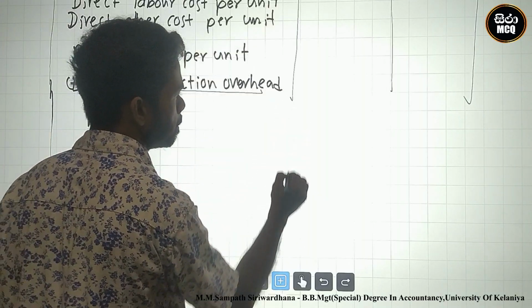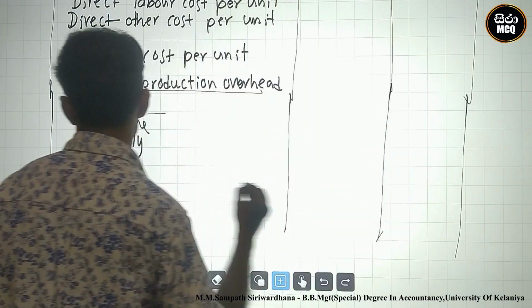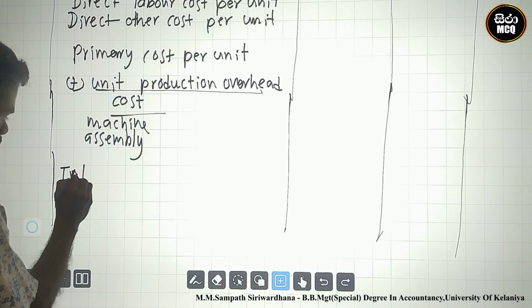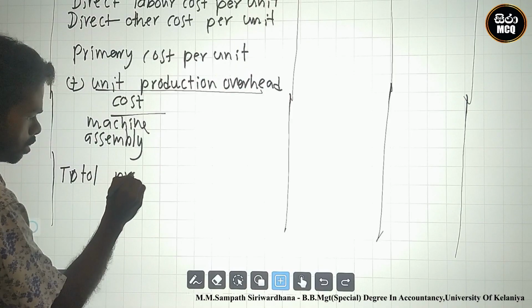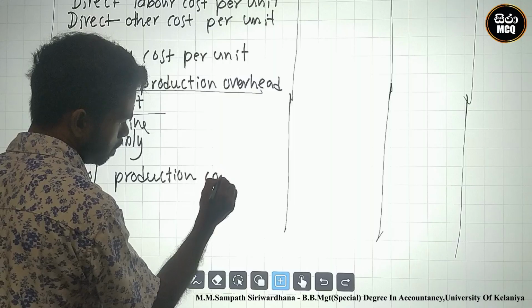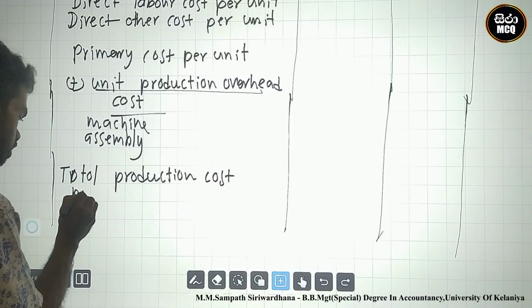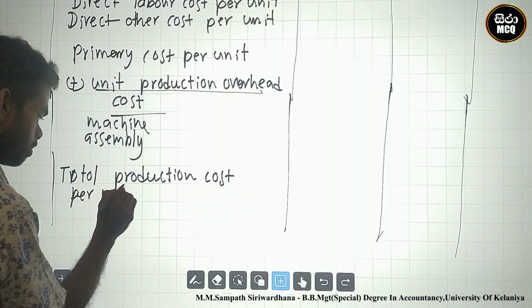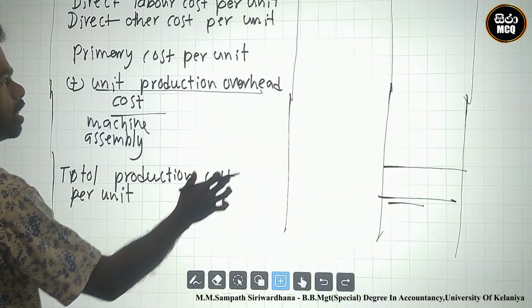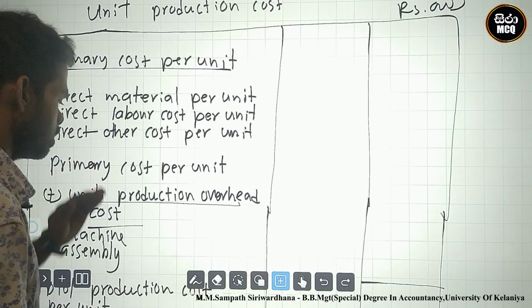After that we can calculate the total production cost per unit. This is the final answer, and we can calculate it using this information.